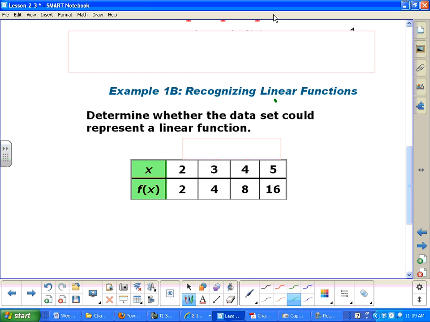Letter B. Does this set of data represent a linear function? So we want to look at the x values. Do they change at a constant rate? Okay. And they do. They're all changing by 1.